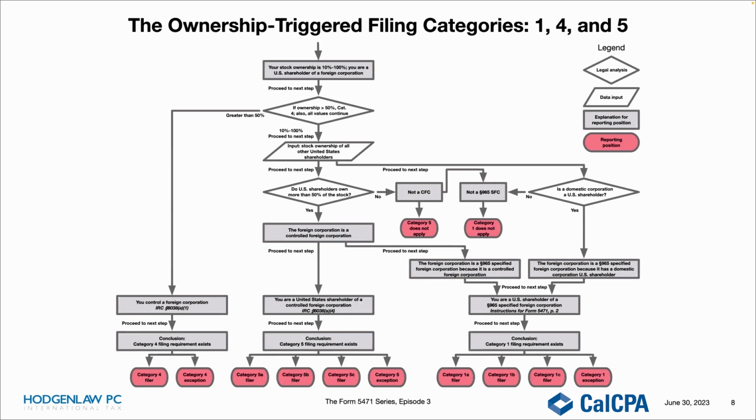And then I pick it up again and say, oh, is there a category 4 filing requirement? And I go through all the analysis and I say, yep, nope. And then I go, I'm going to take a coffee break. And then I come back and I start from scratch on category 5. Why not try to solve all of these in sort of one flow? And so this is my flow chart for, at a high level, how to solve the ownership triggered filing requirements, categories 1, 4, and 5.